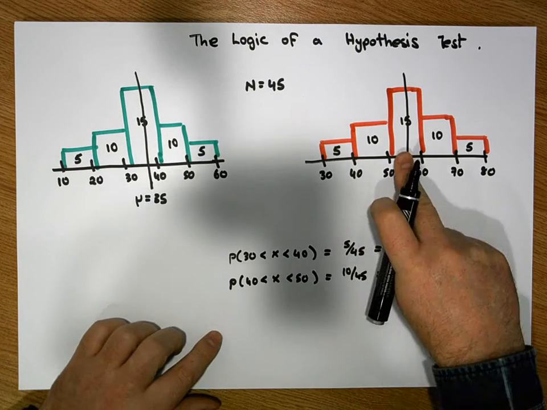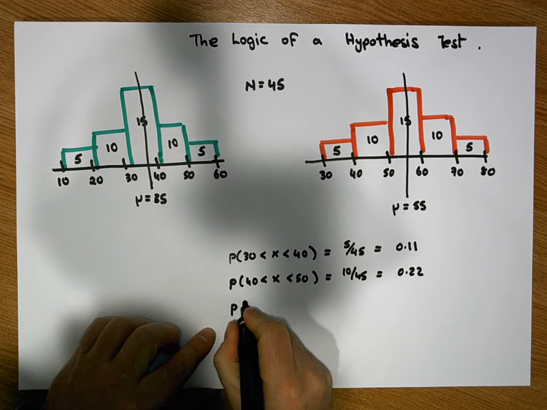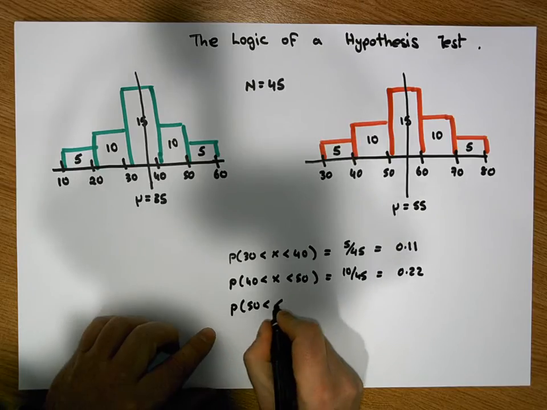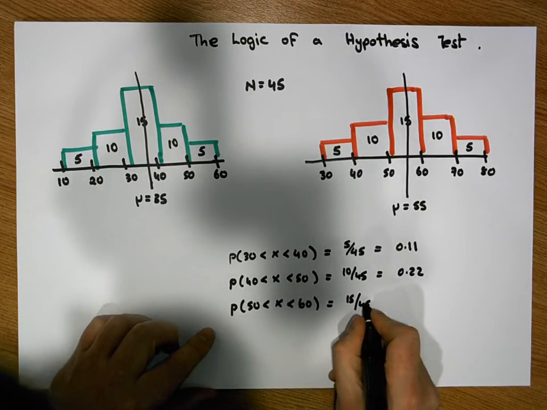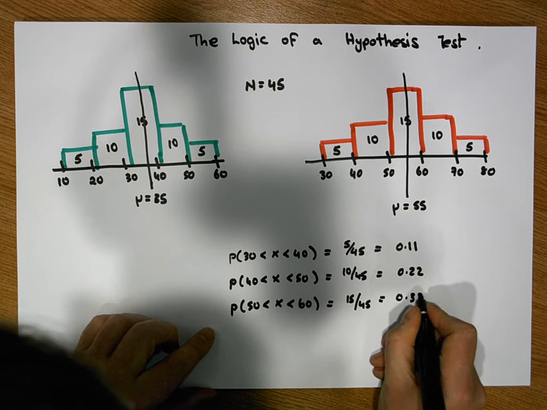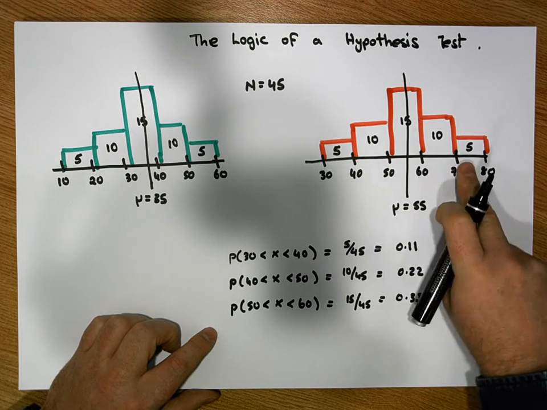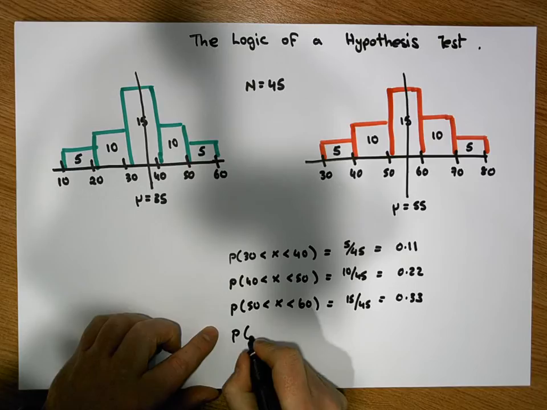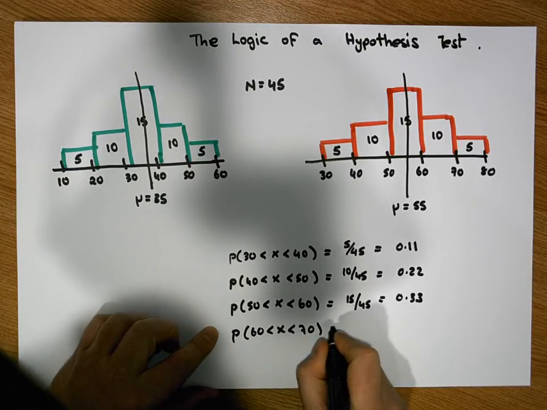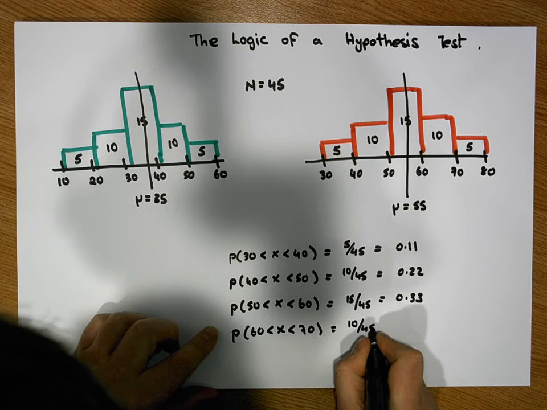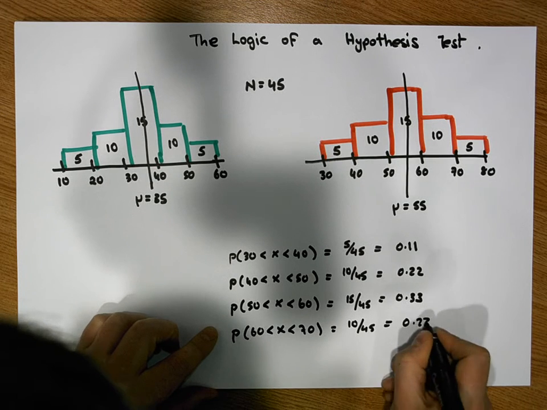Continuing in this fashion, the probability that the person spent between 50 and 60 euros would be 15 out of 45, or 0.33. The probability that they spent between 60 and 70 euros would be 10 out of 45, which is 0.22.